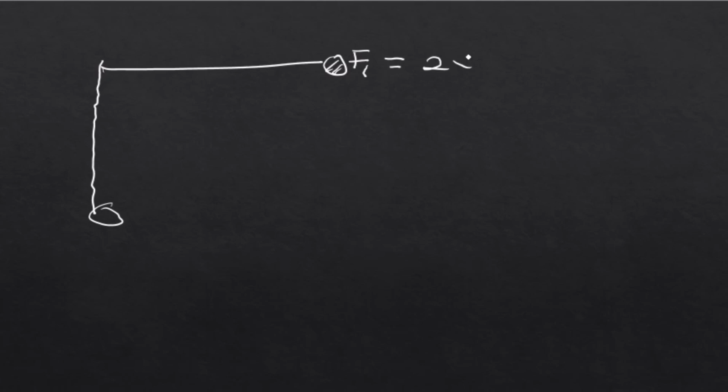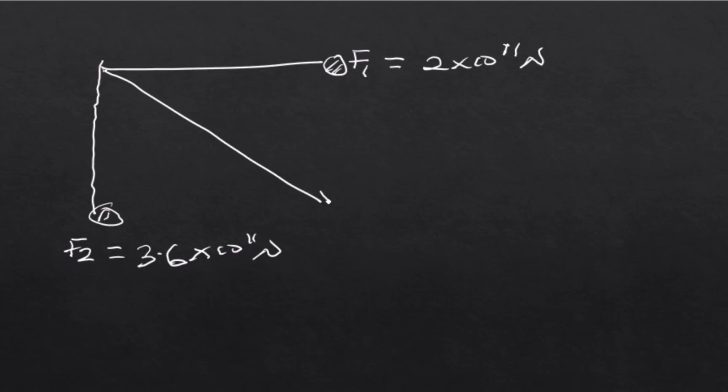So to summarize what we have just done, from this diagram, here becomes our F1, which is 2 times 10 raised to the power of 11 Newton. Here becomes our F2, which is 3.6 times 10 raised to the power of 11 Newton. What we have here is the resultant or the net force, which is 4.2 times 10 raised to the power of 11.